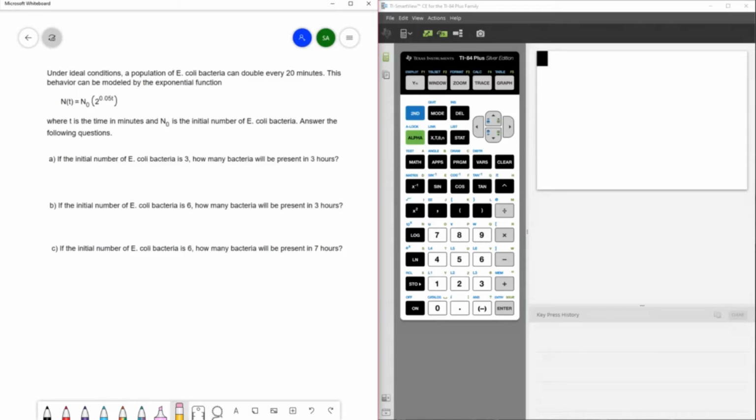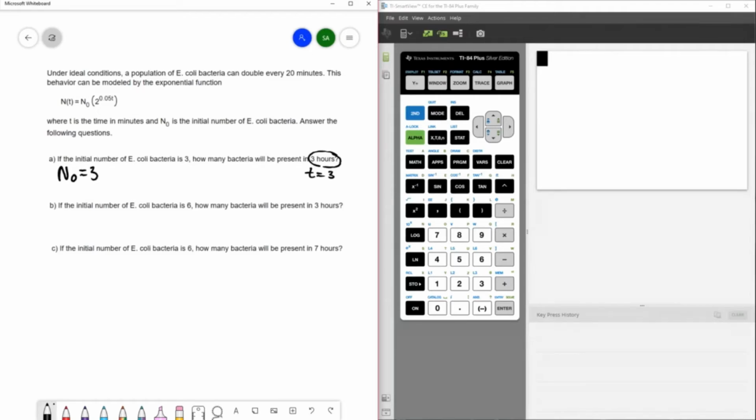So in part A, the initial number of E. coli is 3. So we're going to use the value of 3 in place of N naught. And then our time is 3 hours, but it's in the wrong units. So we need to make the adjustment.